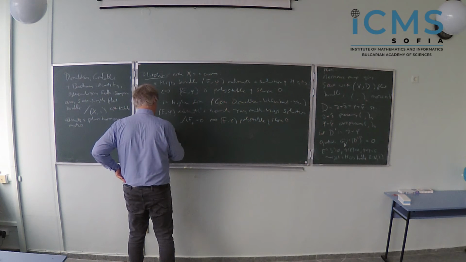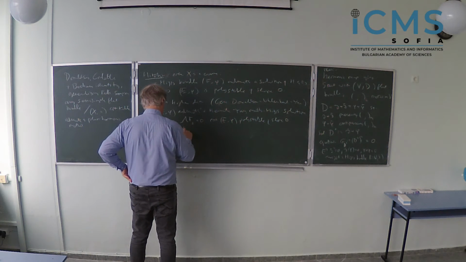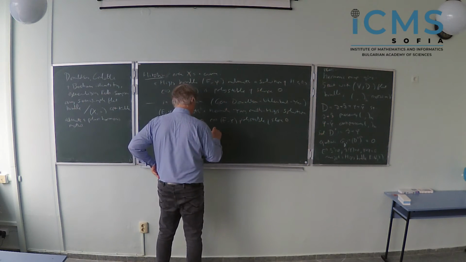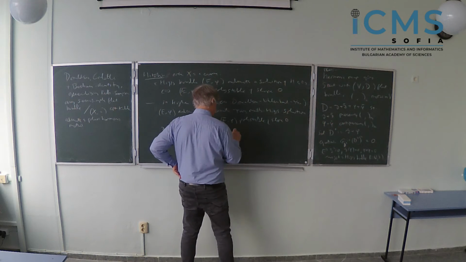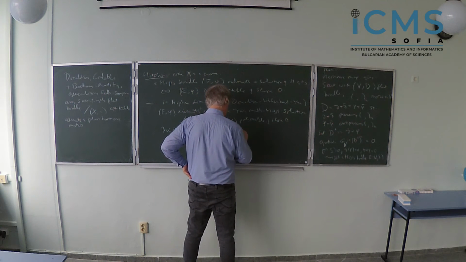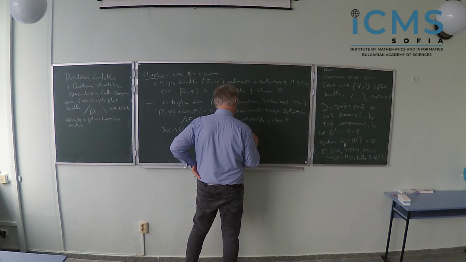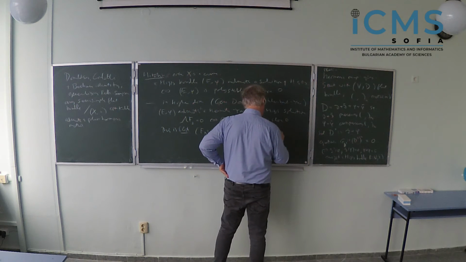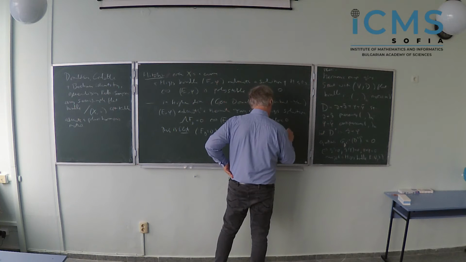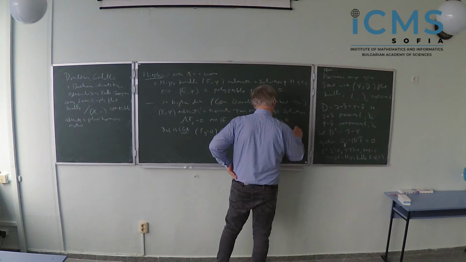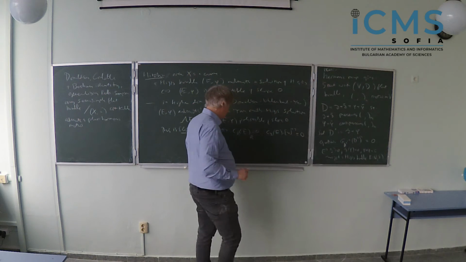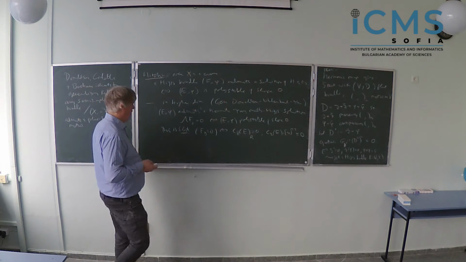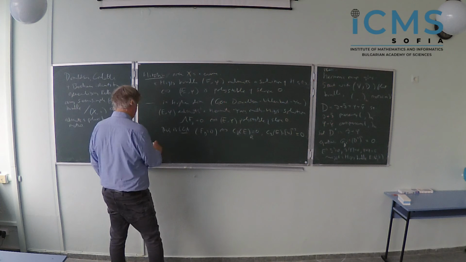And this is flat, which is to say F equals 0, if and only if the c2 vanishes and c1 vanishes. So we get a correspondence of moduli spaces.